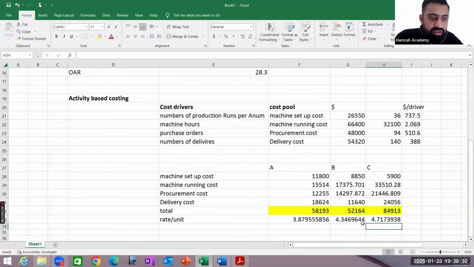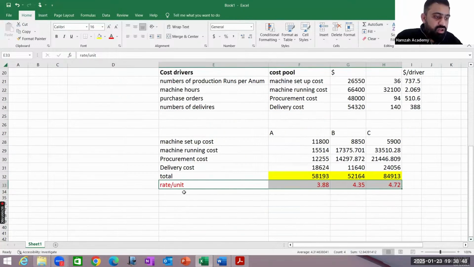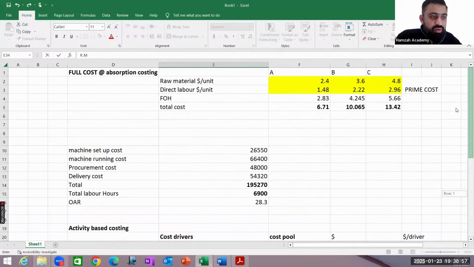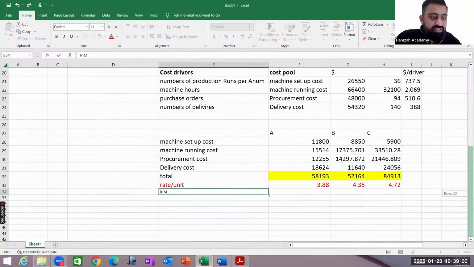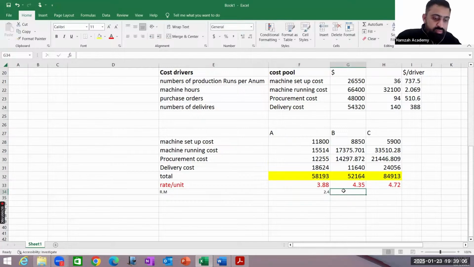So here we have the overhead absorbed per unit, and this absorption is using activity-based costing. Now you need the raw material cost, which will remain the same: 2.4, 3.6, and 4.8. It will remain the same here.